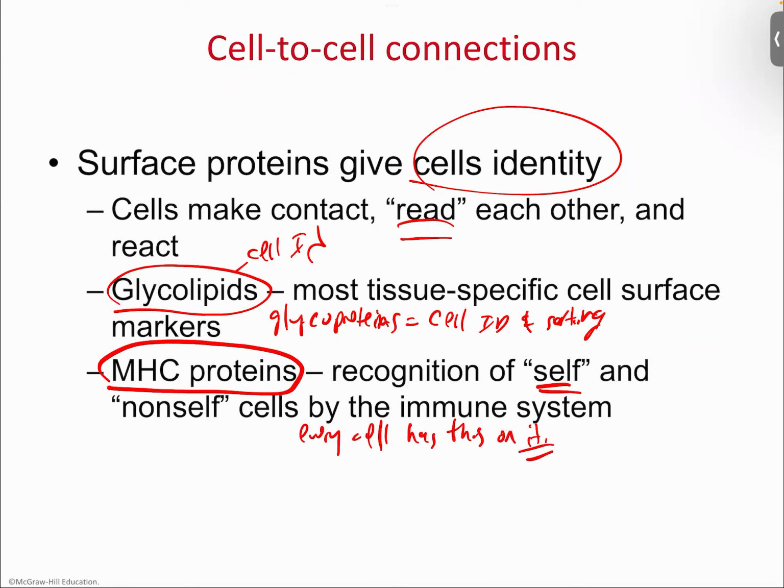So every single one of your cells has a you tag. It's like every single one of my cells has a Mark tag on it. So my immune system grows up with my body reading my name tag. It's like, okay, these cells say Mark on it, therefore you belong. So I'm not going to kill you today.